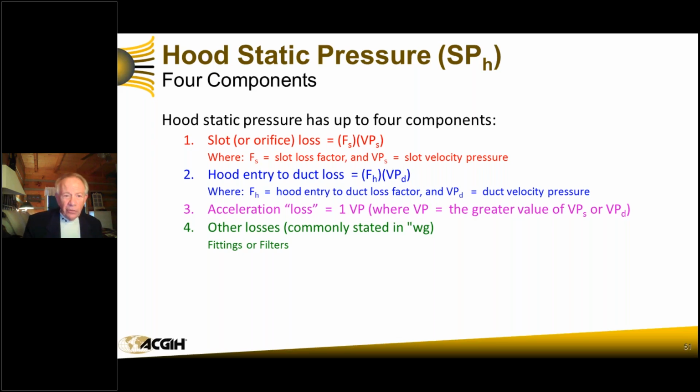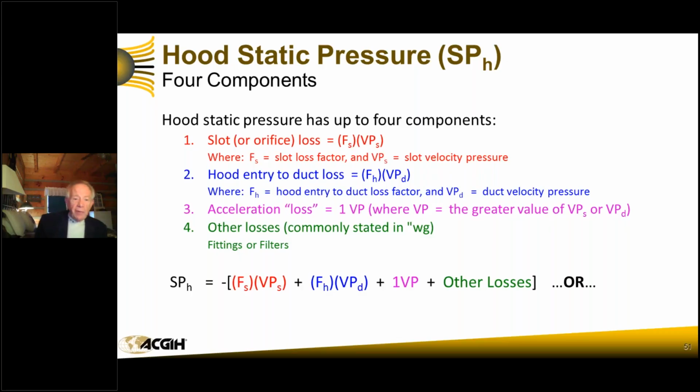So it's consequential. So we've got a formula now that we can put in there, for the static pressure of our hood. The math is really easy if you'll think about it. It's a big equation. Don't get lost. Remember our red one above? That's our slot or orifice loss, and that's a factor of the slot times the velocity pressure in that slot, plus the factor for the hood times the velocity pressure at the duct, because that hood will enter the duct.